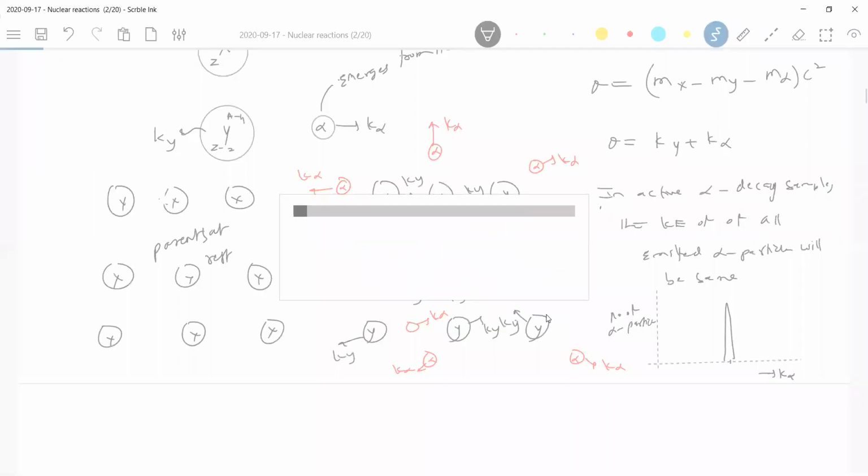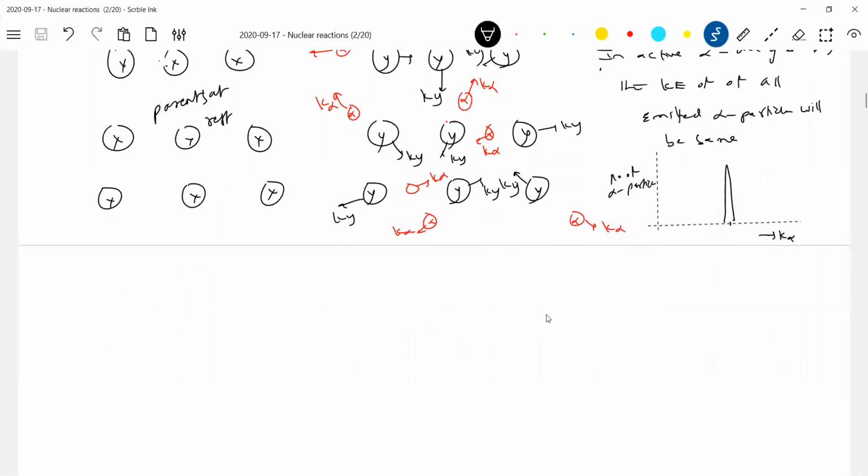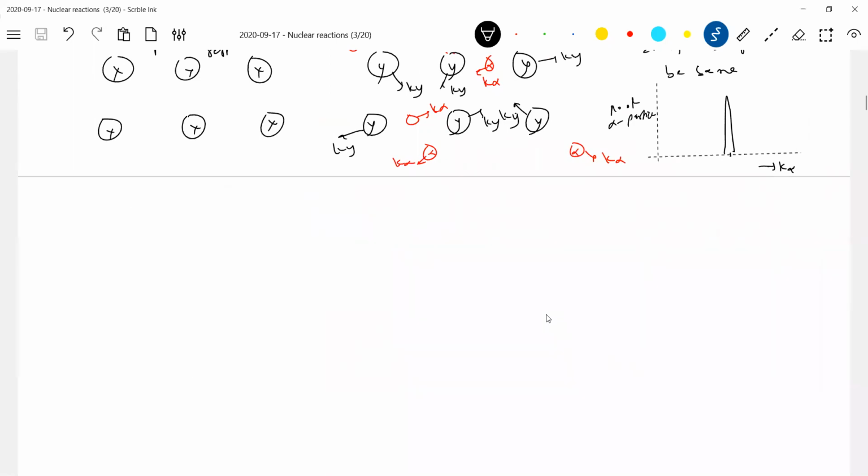Now, in some reactions, in some nuclei, it happens that there is a parent which undergoes decay, where the daughter will be in an excited state.